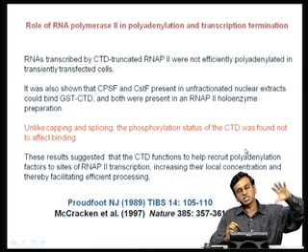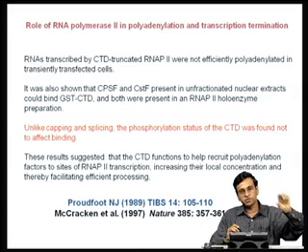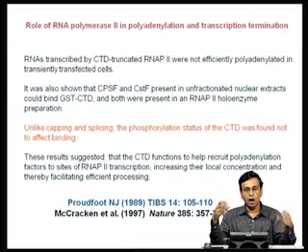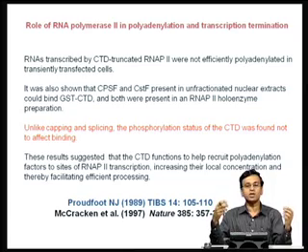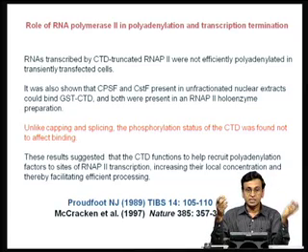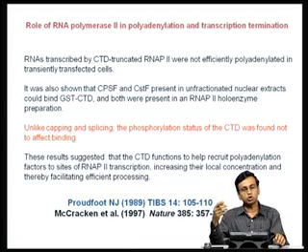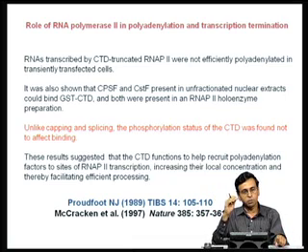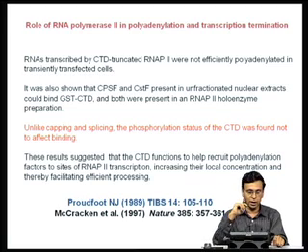So, if we have cells expressing normal RNA polymerase II with its normal carboxyl terminal domain, and cells in which the RNA polymerase carboxyl terminal domain is truncated, and you isolate RNA from these 2 cell types and look at the efficiency of polyadenylation, in the cells expressing the normal RNA polymerase, the mRNAs are very efficiently polyadenylated, whereas in the cells expressing a truncated or deleted form of the carboxyl terminal domain, you do not see very efficient polyadenylation, clearly indicating that the carboxyl terminal domain of RNA polymerase plays a very important role in polyadenylation of messenger RNAs.